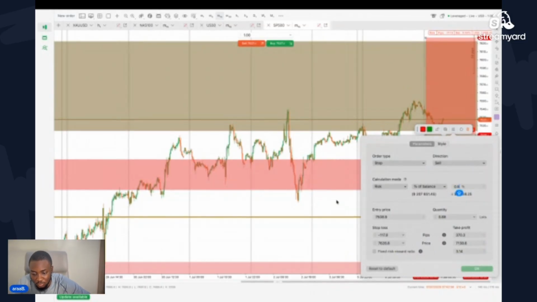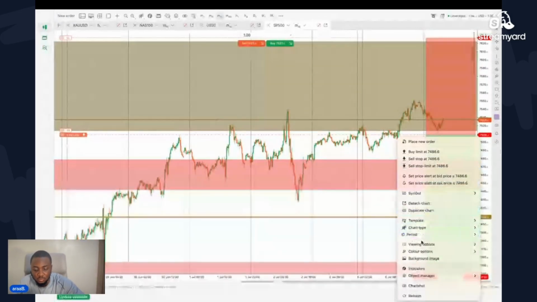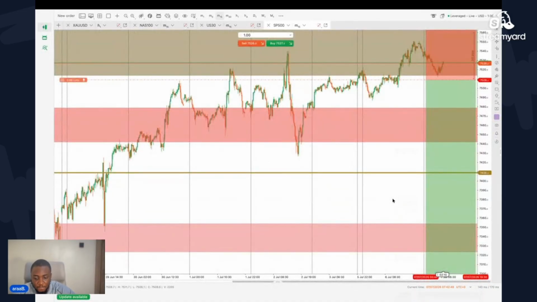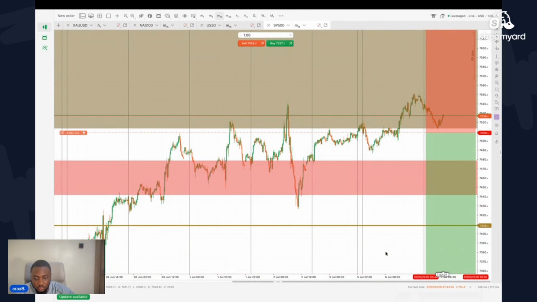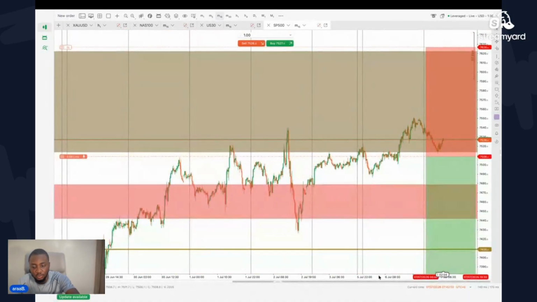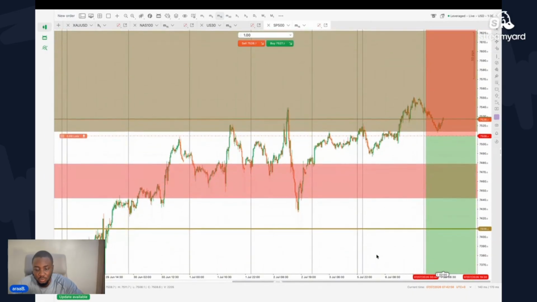Then I'll click the sell button, refresh it. Okay, yes, my SL is above here and my entry is below here.